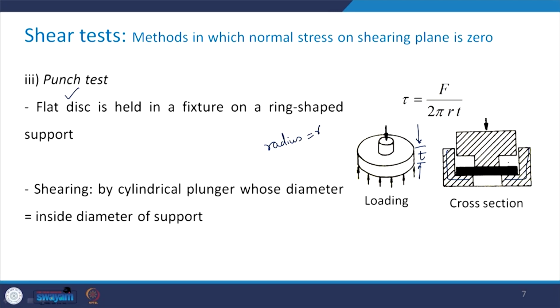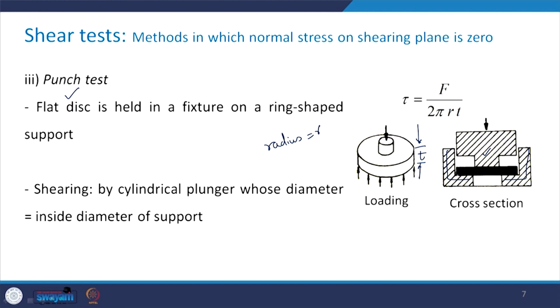You can see here that this is what is your support. If you see in plan, it is a ring shaped support, and the shearing takes place using this cylindrical plunger whose diameter is equal to the inside diameter of the support.